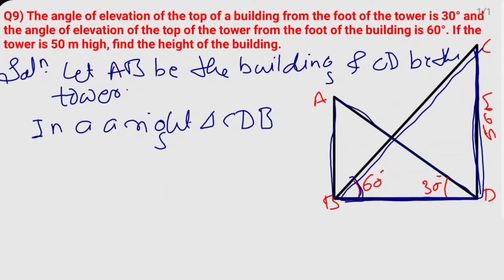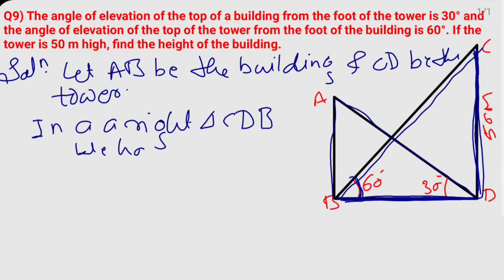Is it clear? So when I consider 60 degrees, CD becomes the opposite and BD becomes the adjacent side. And these two ratios we get in tan theta and cot theta. So here I will use tan theta.